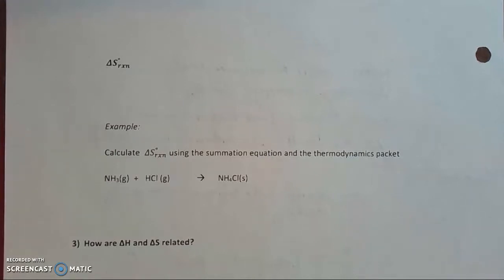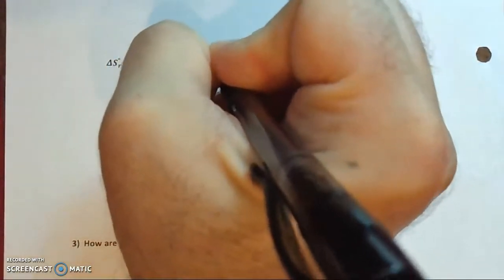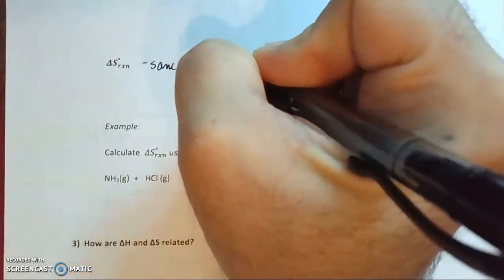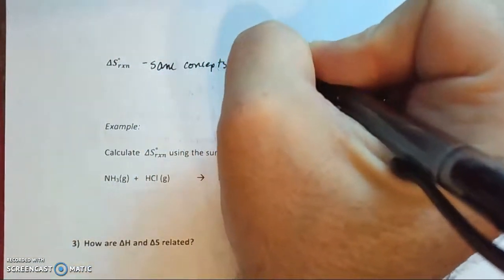So with delta S reaction, this is going to be the same concepts as delta H reaction.